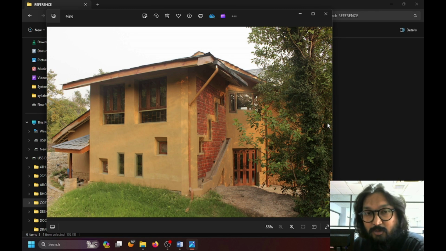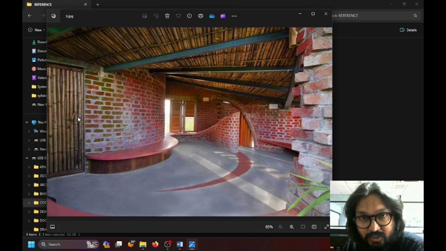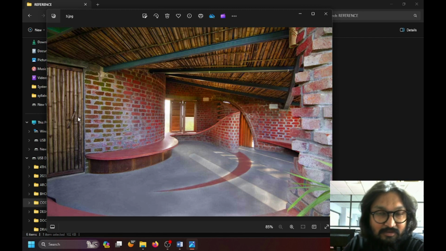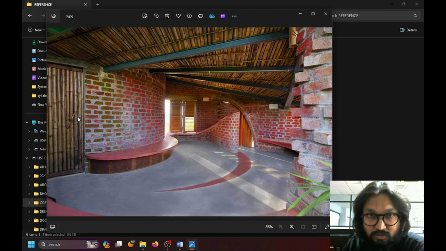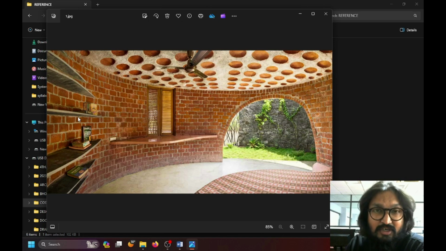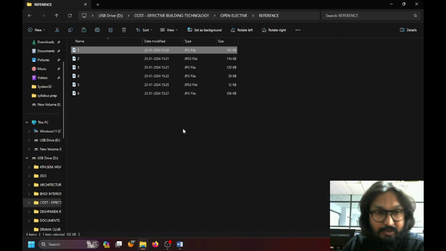And I'm also talking about certain materials. When we look at all these structures, they have a certain treatment of materials. All the materials that we see over here are exposed. They are not covered with any plastering or any other sort of surface treatment. So we'll be exploring all these different techniques and strategies. You can call it architectural and construction techniques under this elective. Thank you.